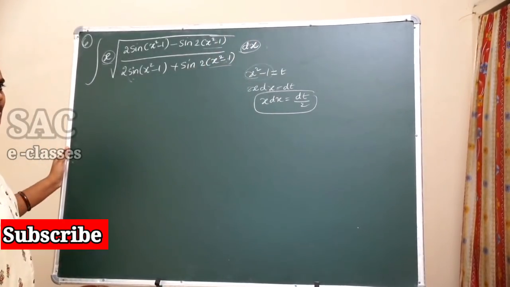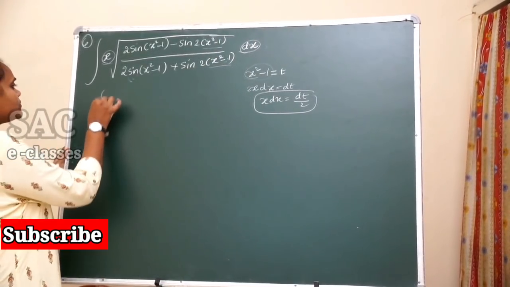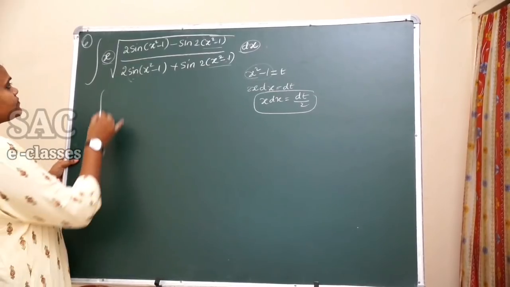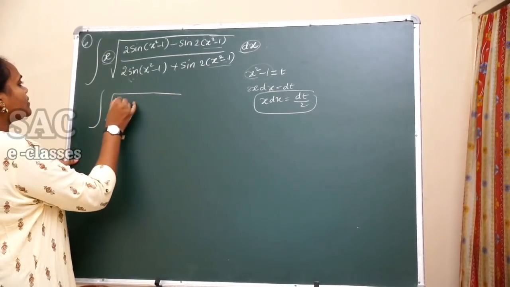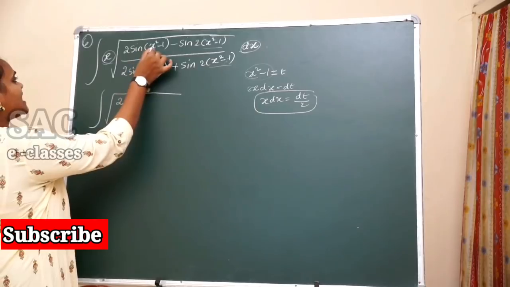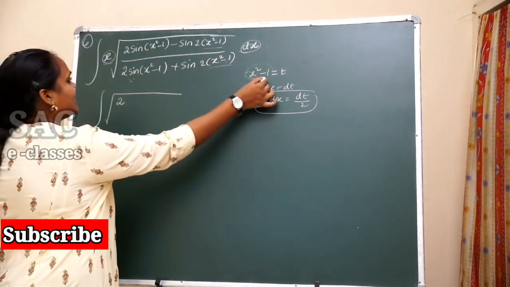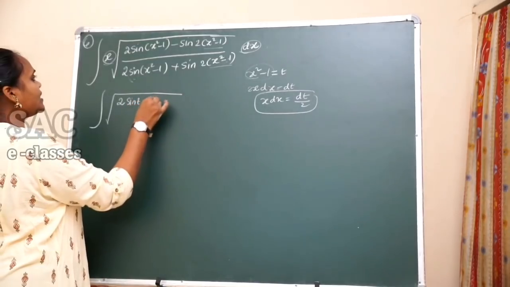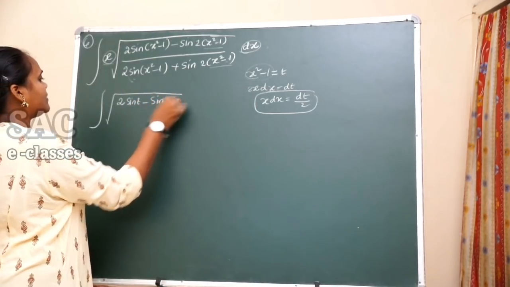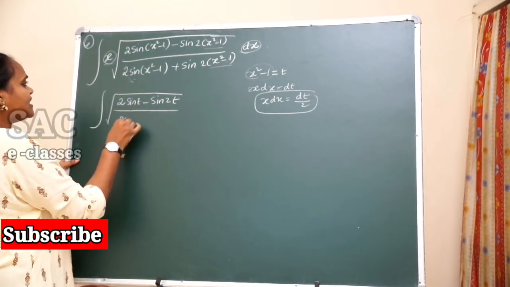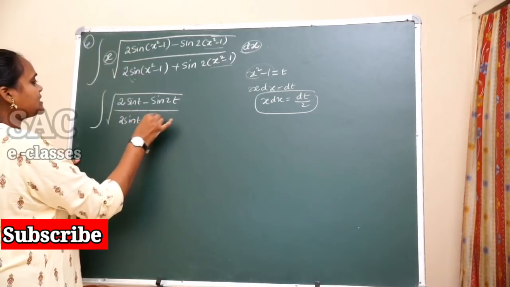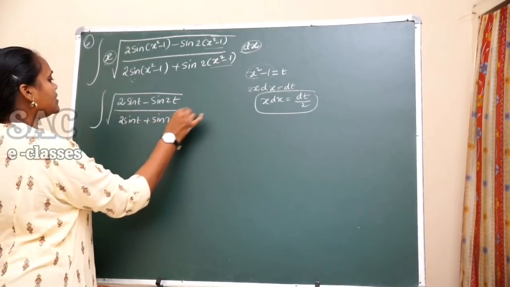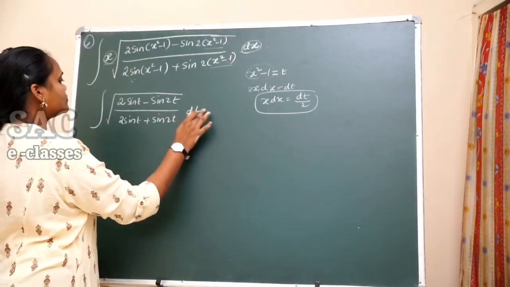Now let us see what we have got. Integration of root over 2 into sine of x square minus 1, and sine of x square minus 1 is t. So 2 sine t minus sine 2t by 2 sine t plus sine 2t, dt by 2.